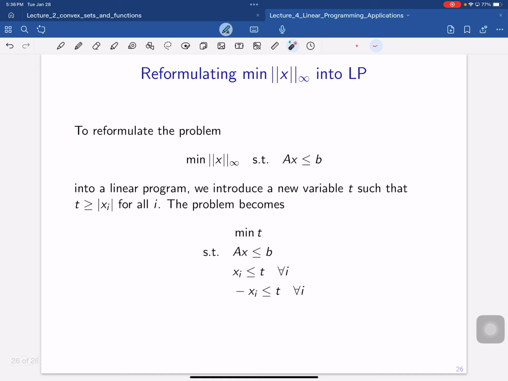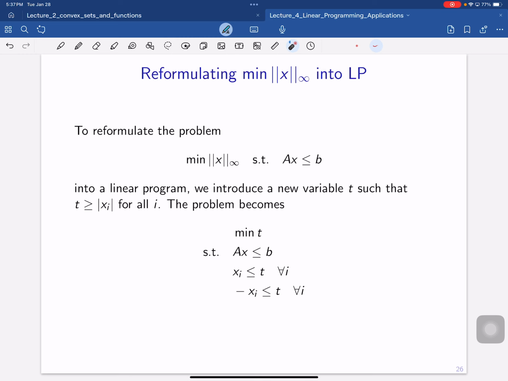With a similar trick, you can also reformulate minimizing the infinity norm of x into a linear program. Again, the infinity norm represents the maximum over the absolute values. So if you set a single scalar t to be greater than or equal to the absolute value of xi for all i, then you can use this to represent the infinity norm.